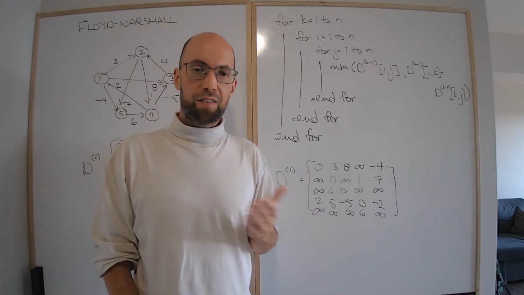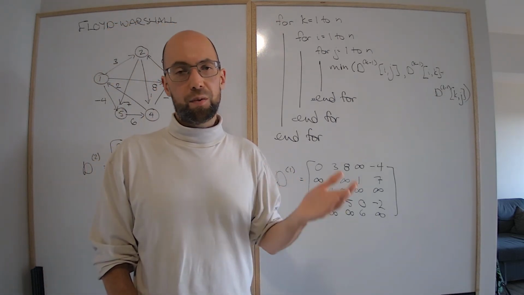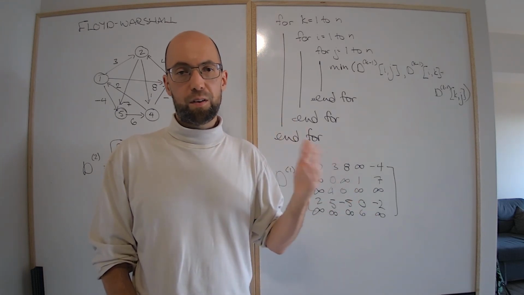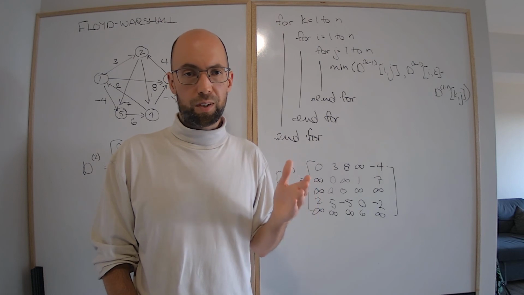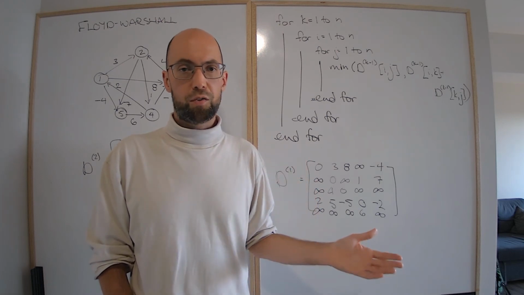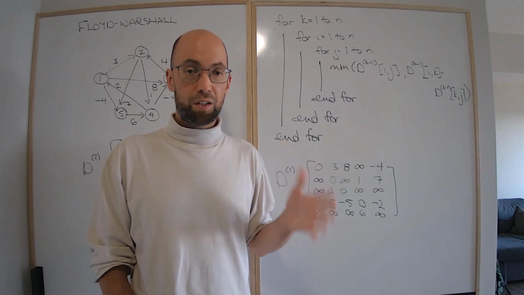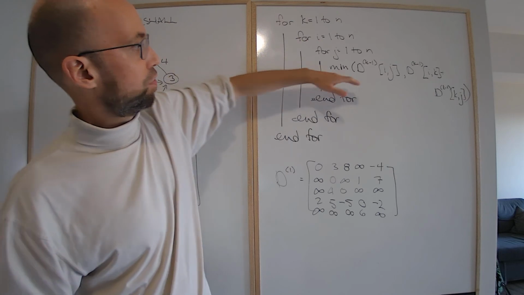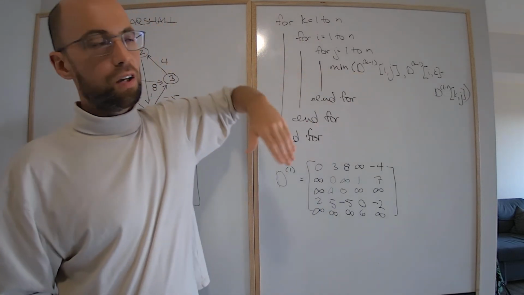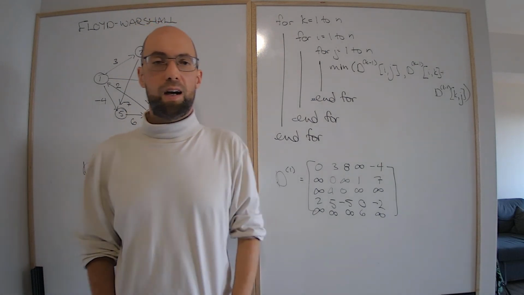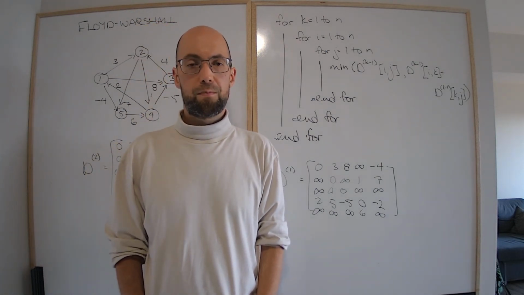For the repeated squaring, that added a log factor, and the matrix multiplication, we were doing it in cubic time, each one. So that was giving us n cubed log n. And now this takes constant time. So we're going to go through and use n cubed time. So it's a bit better.